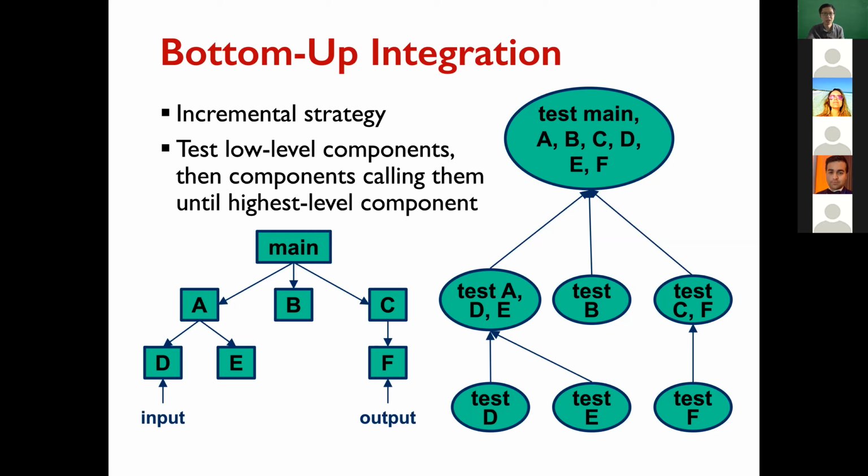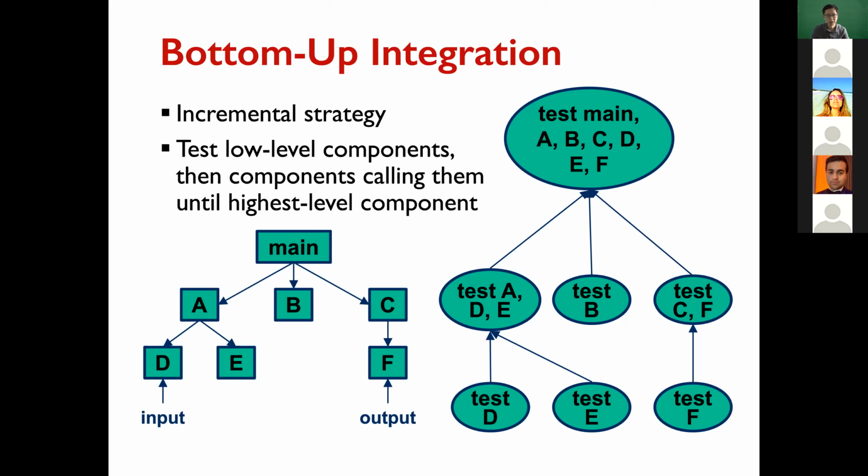Then we test A and D and E together, right? And also we test C and F together. And also test B, and finally we test all of them together. So it's from low level components to highest level.